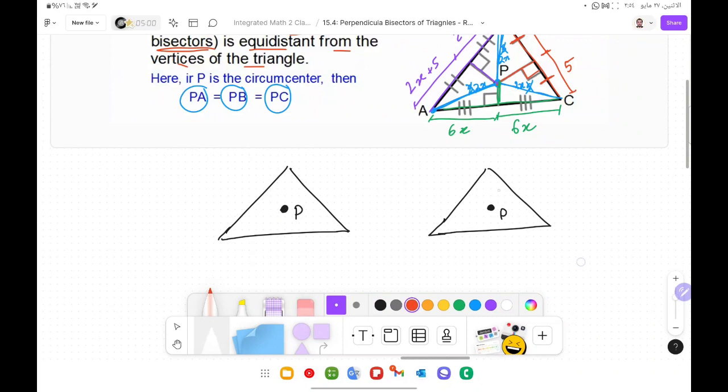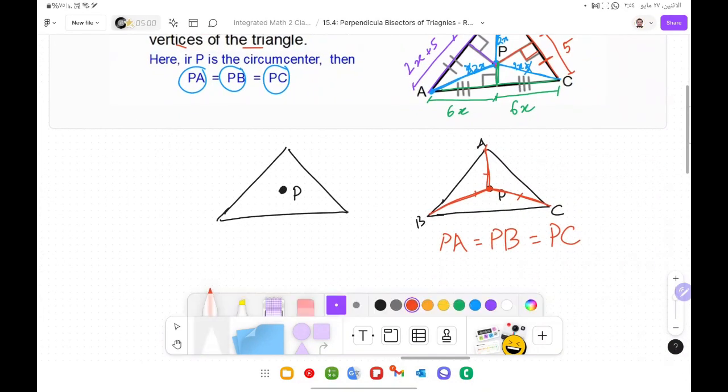Now if I connect lines from this circumcenter to the vertices, let me give letters: this is A, this is B, this is C. What do you think about the lengths of these three segments? As you can see, all three are equal. So PA should equal PB should equal PC.